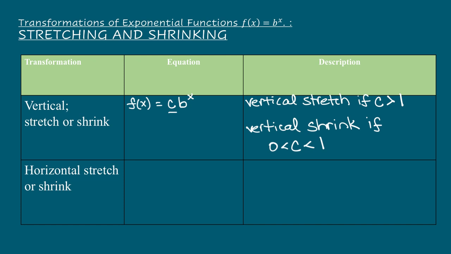Now, if I apply that same rule but apply the value of c to the exponent, then I'm going to have a horizontal stretch or shrink. So if that c is applied to my exponent and c is greater than 1, then I will horizontally shrink.